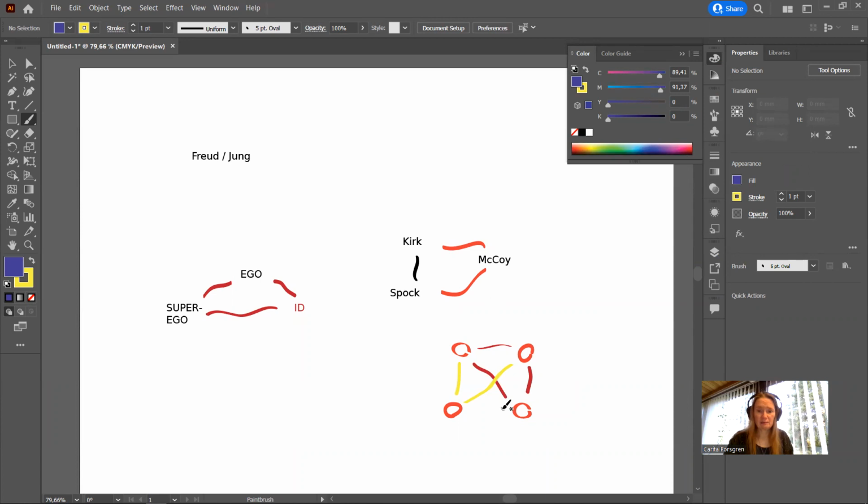So there are many possibilities of how to connect three characters. That was kind of my point.